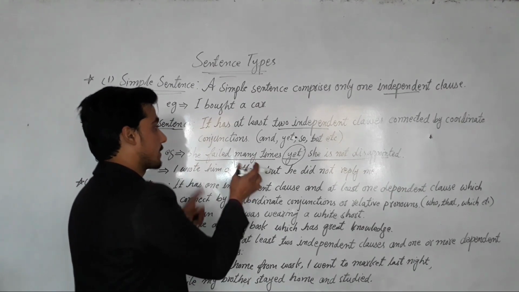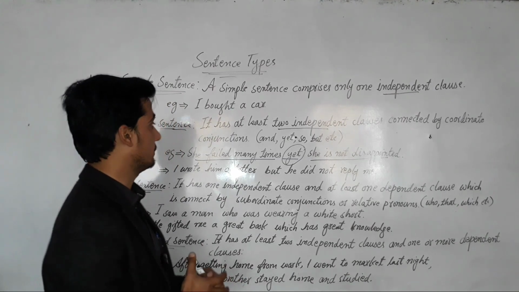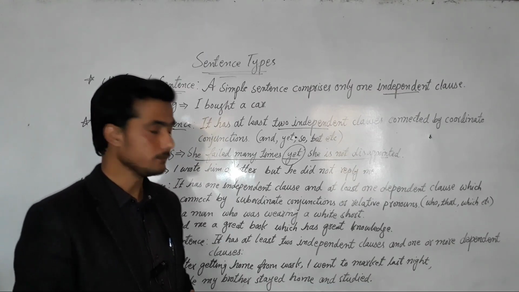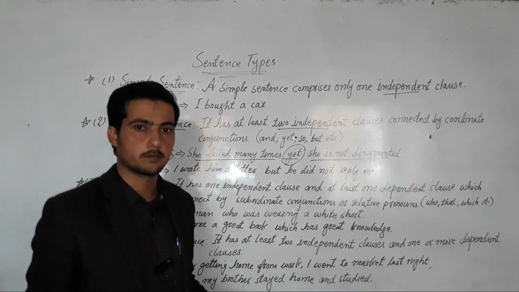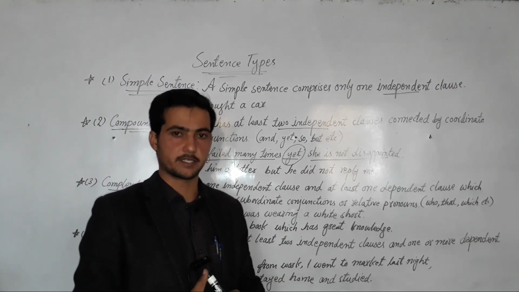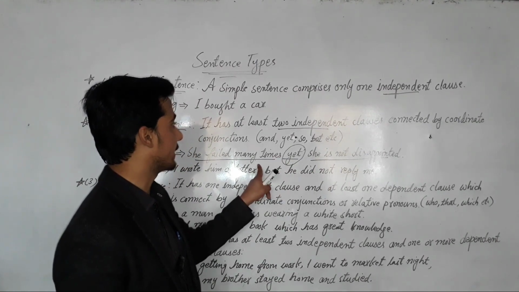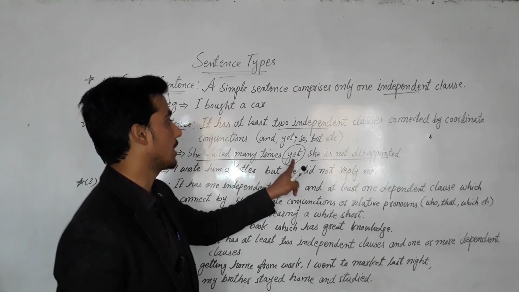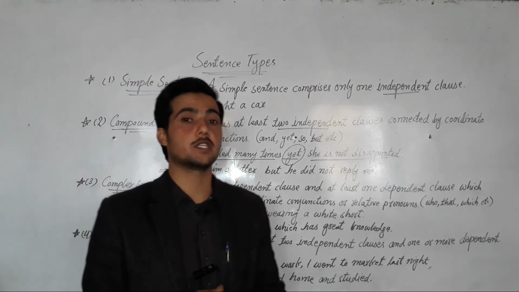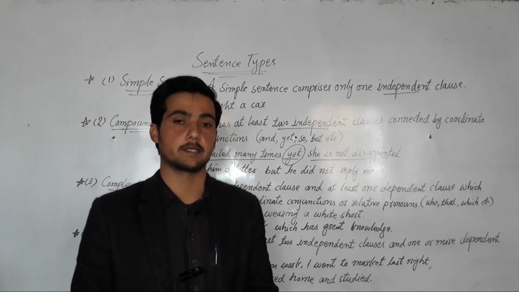She failed many times. As I have told you, when you take out this part of the sentence, it will still give complete sense. She failed many times. It can stand alone. And look at this one, she is not disappointed. So it can also stand alone. But these two independent clauses are joined by a coordinate conjunction, that is yet. So we came to know that a compound sentence will be that kind of sentence which consists of two independent clauses.